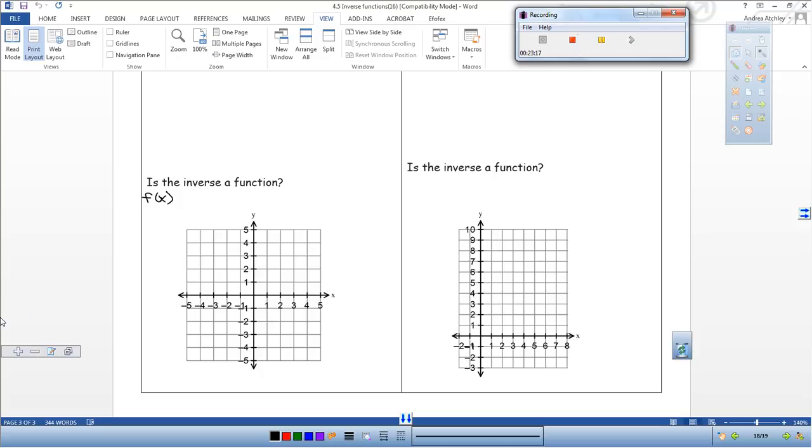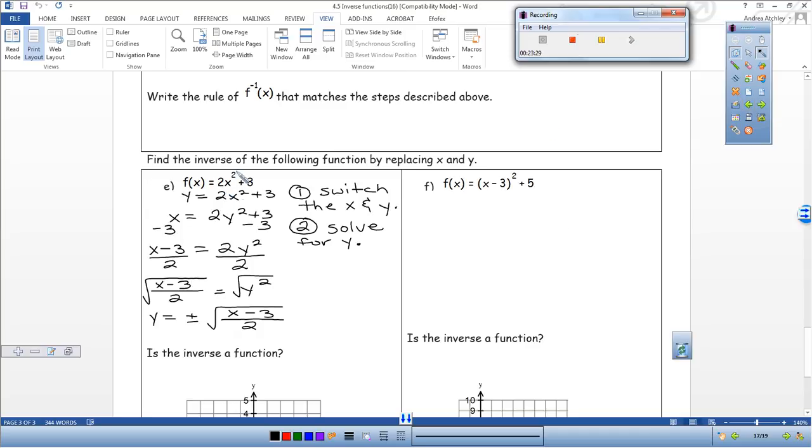So we need to identify the vertex. We go back to the equation, 2x squared plus 3. We need the h and the k values. Does anyone know the h and k from this equation to find the vertex? 0 and 3. The 2 is the a value. There's no number inside a parenthesis with the x, so that is a 0.